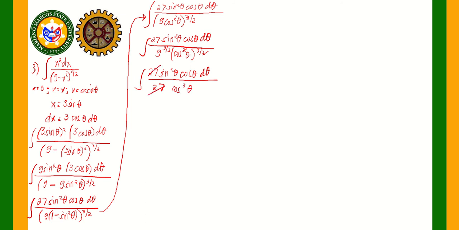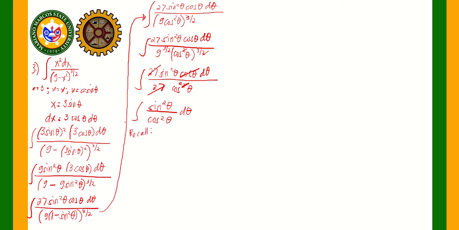Okay, so this will cancel and the cosine in the numerator will cancel as well with the denominator, and we will be left with cosine squared theta only in the denominator. So this will be equal to sine squared theta over cosine squared theta d theta. Now, let's recall our identities.